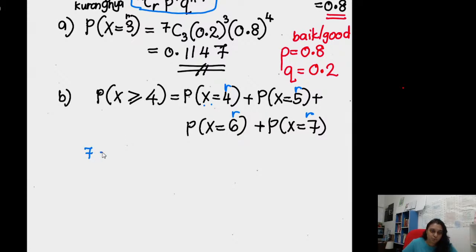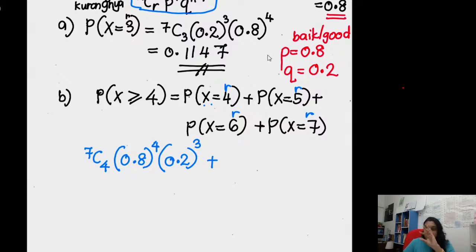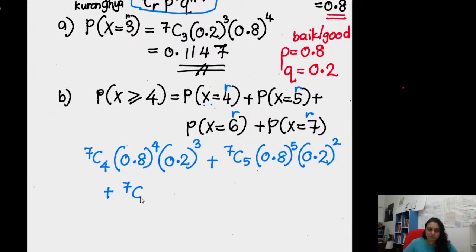So, N is 7, 7 C 4, P here is 0.8 to the power 4, 0.2 to the power 7 minus 4 ialah 3. Plus, the second one is for the 5. Untuk yang 5, 7 C 5, 0.8 to the power 5, and then 0.2 to the power 2. Plus 7 C 6.